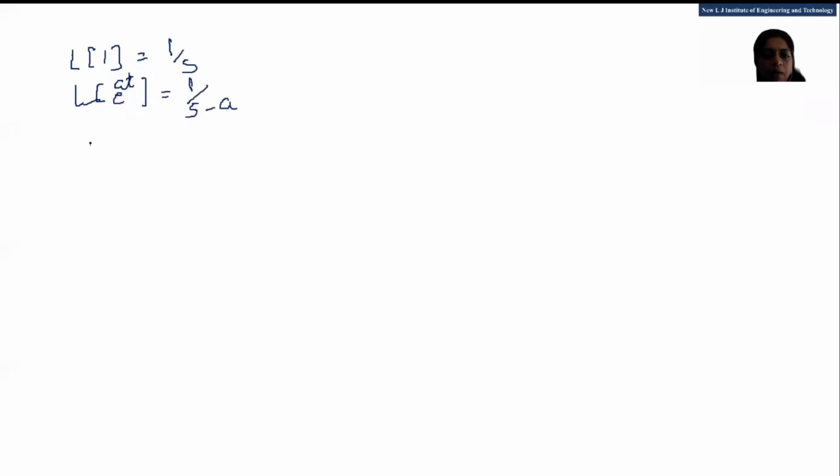What about Laplace of sine at? Good. Kevin, Hitarth, yes, good. Many other students also give the answer. Trupti, Unnati, good. A upon S square plus A square.